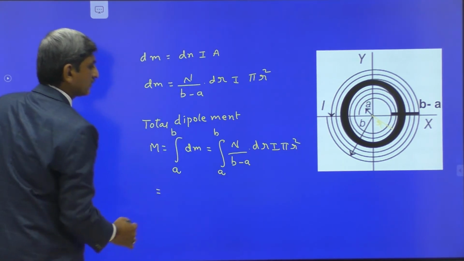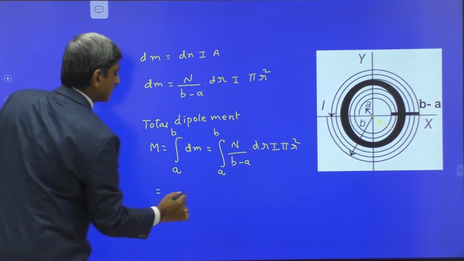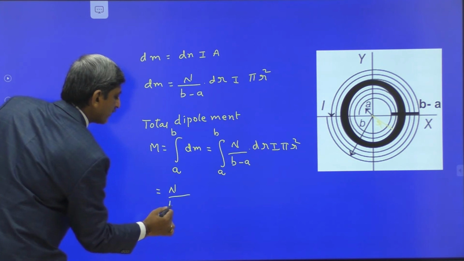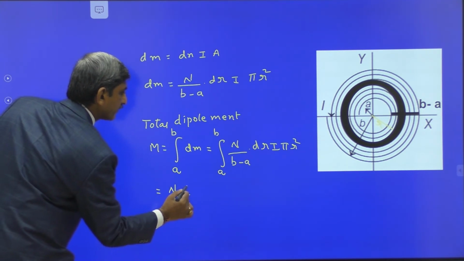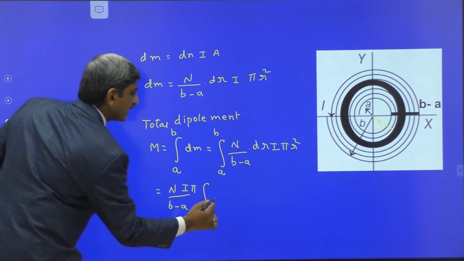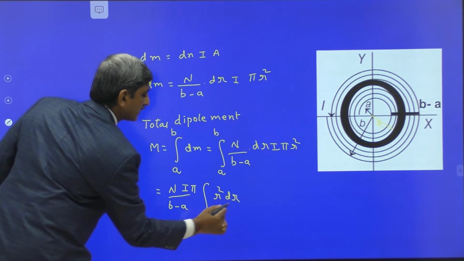Here n, b minus a, I and pi are constants. By taking them outside the integration we have n by b minus a I pi into integral r square dr.